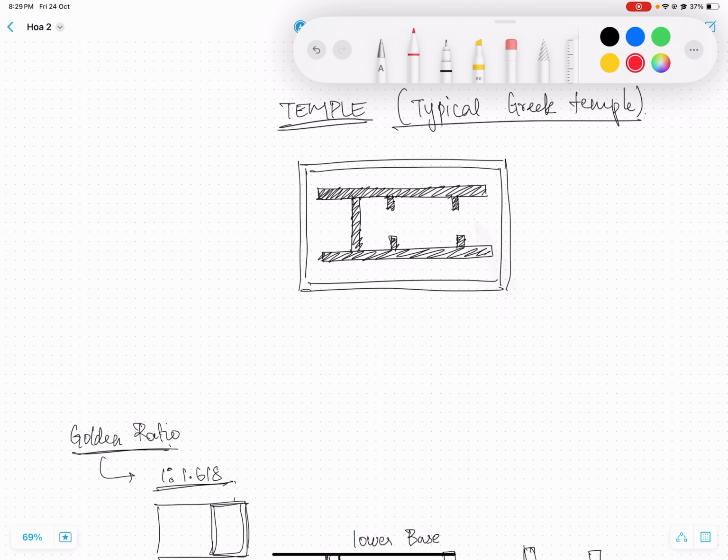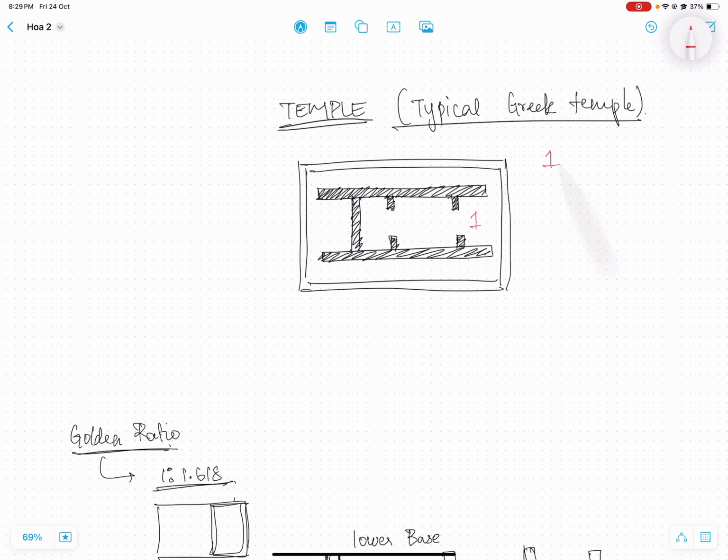Let's go. The front portion or the front area is called pronaos, which was the entrance or the porch.